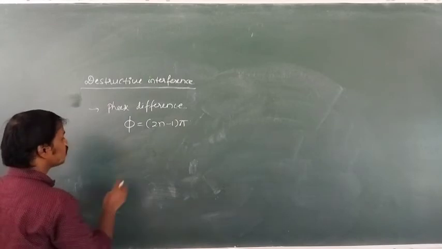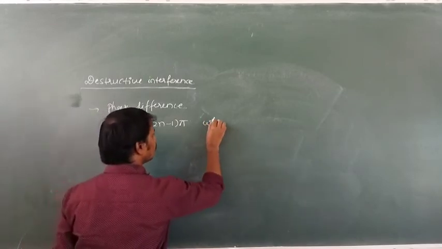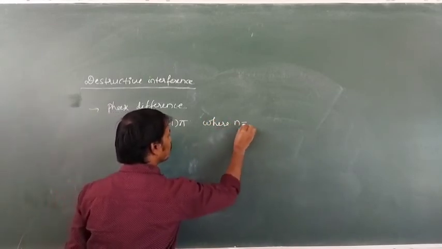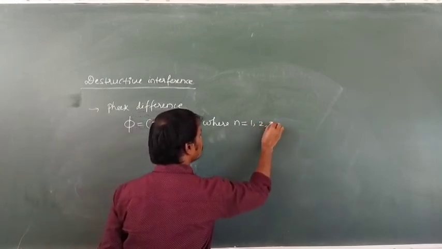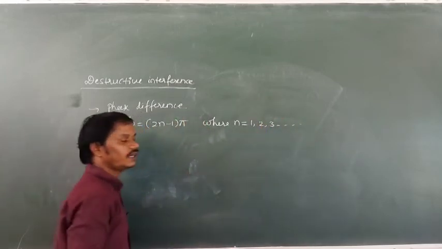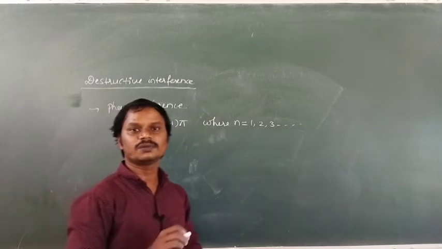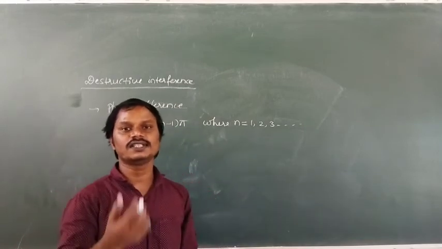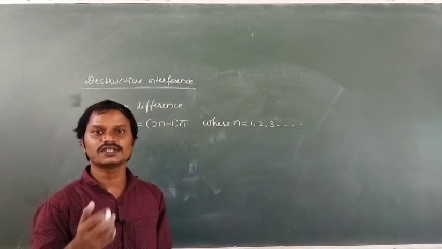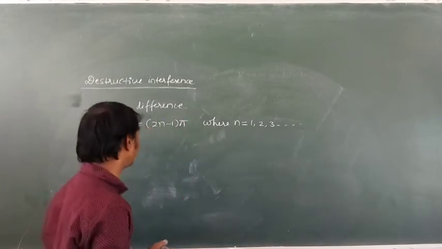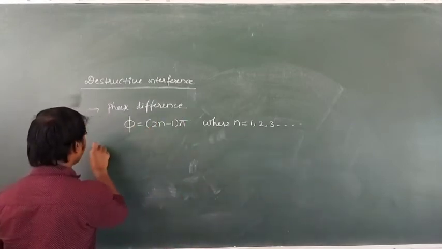And what about path difference? And one thing here, n takes the values 1, 2, 3 and so on. In case of destructive interference, a dark fringe will be formed because the intensity of the resultant wave is minimum. Now, what about path difference?